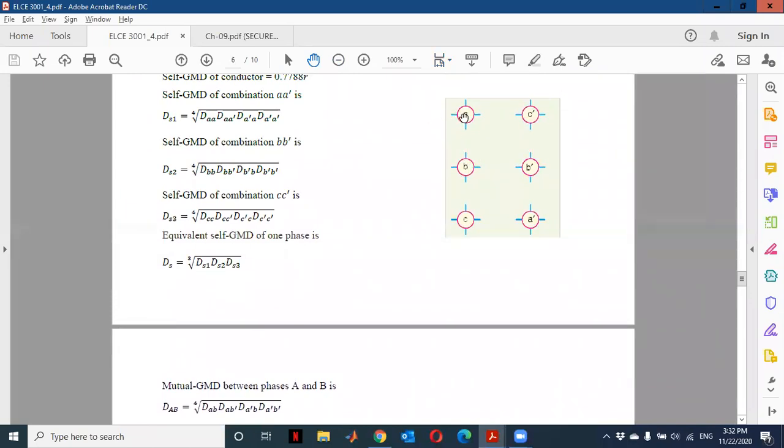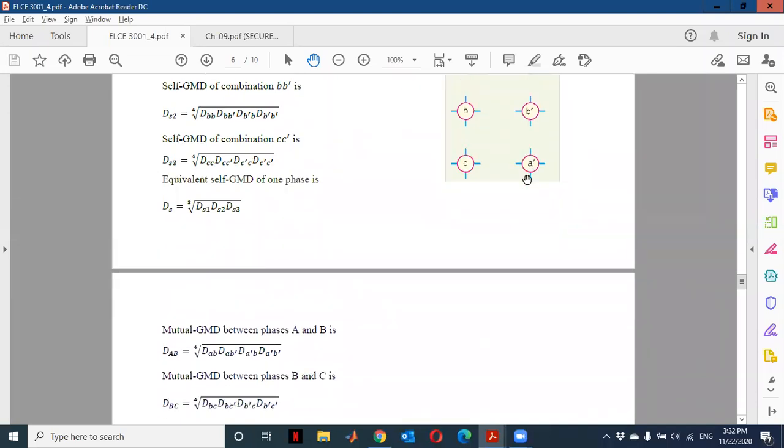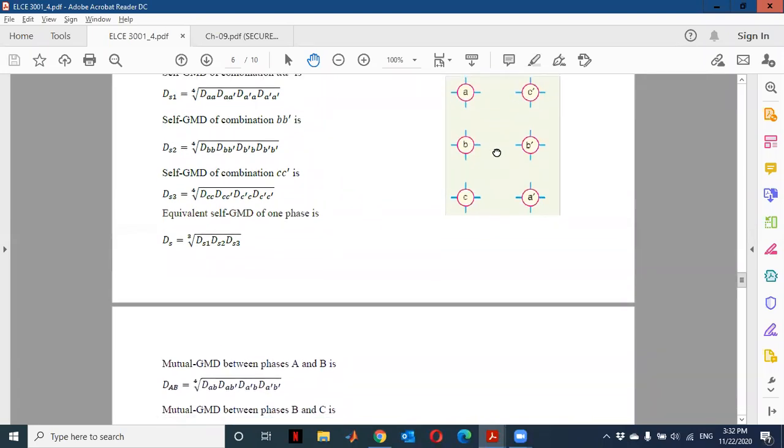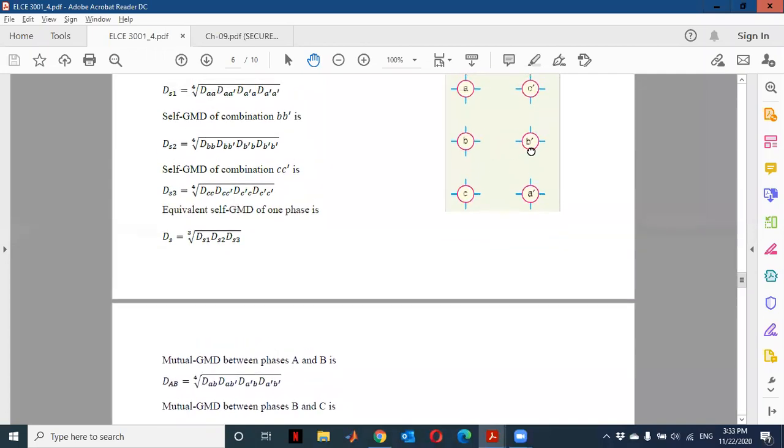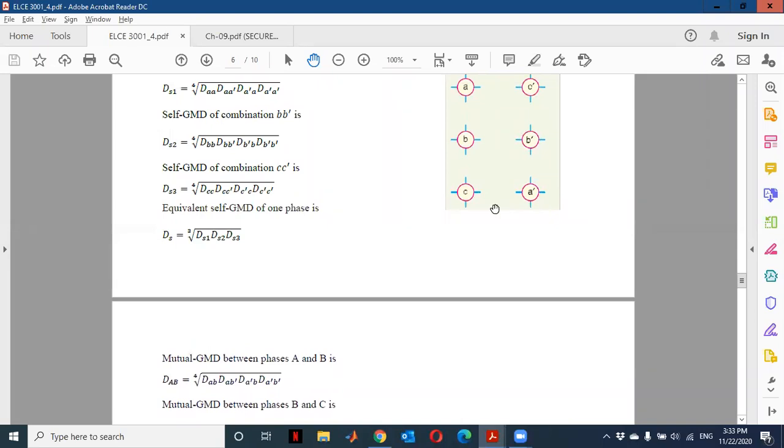Then we will have B to C: B to C, B to C dash, B dash to C, and B dash to C dash.